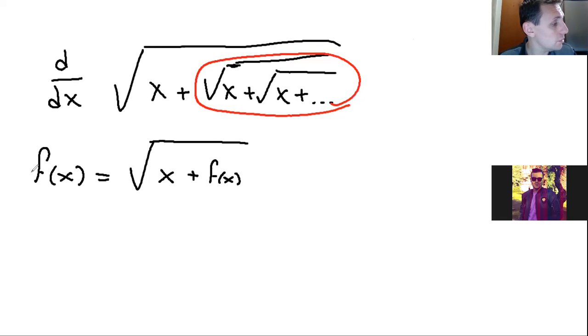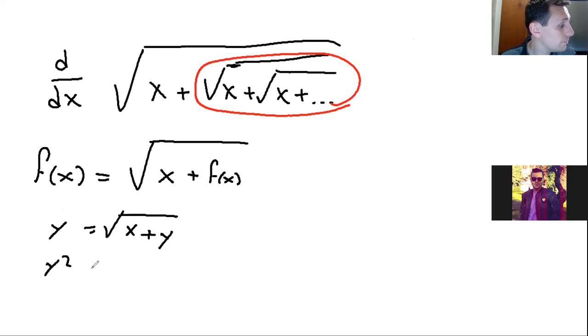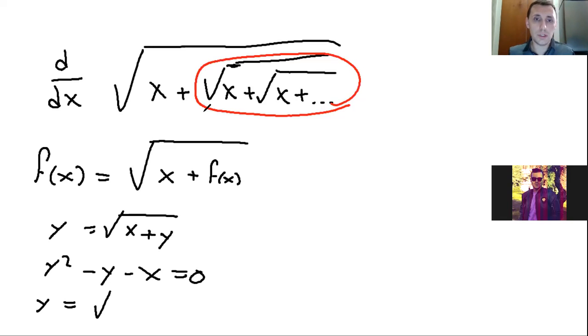Look at it. If this is y, then y equals root of x plus y. So that means that y squared minus y minus x is equal to 0, which means that y equals, sorry, let me actually write it here.